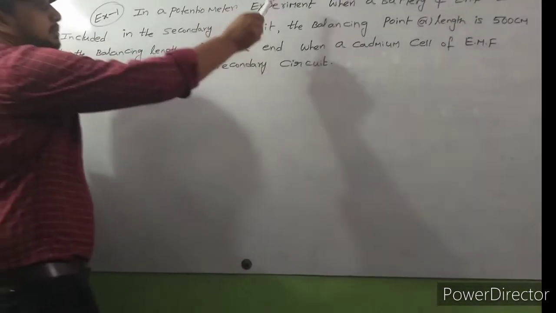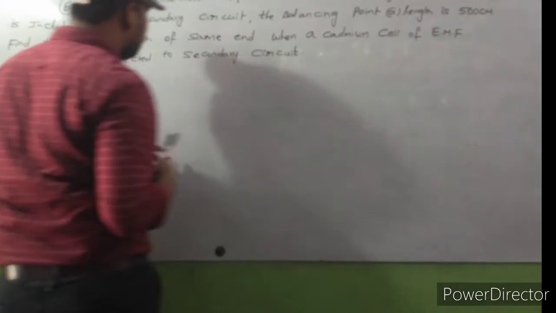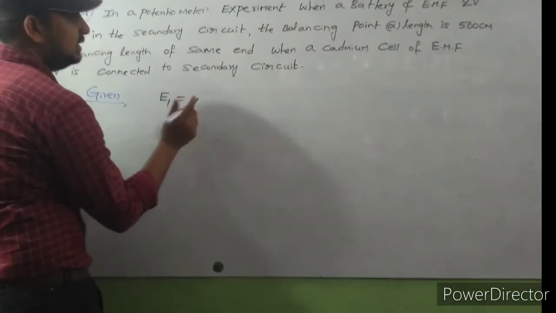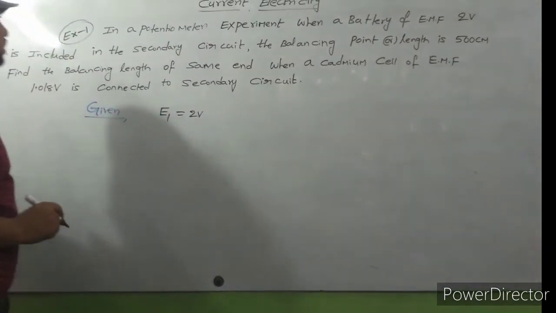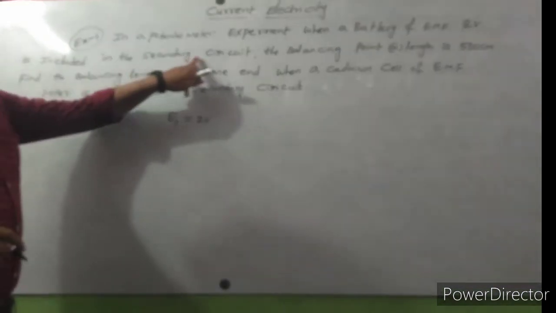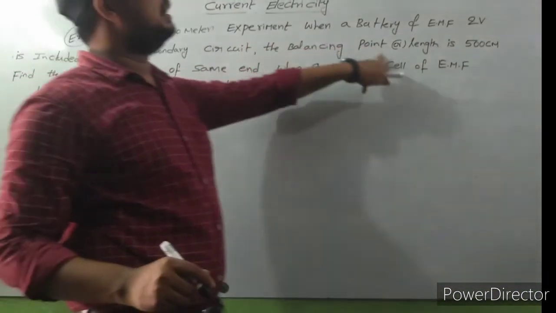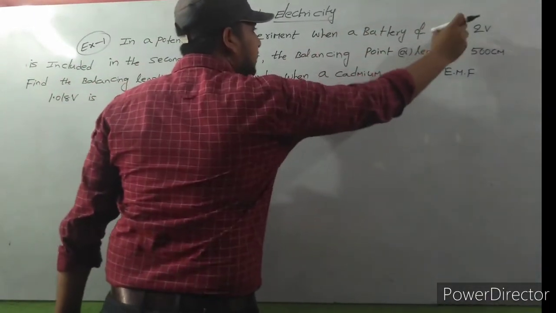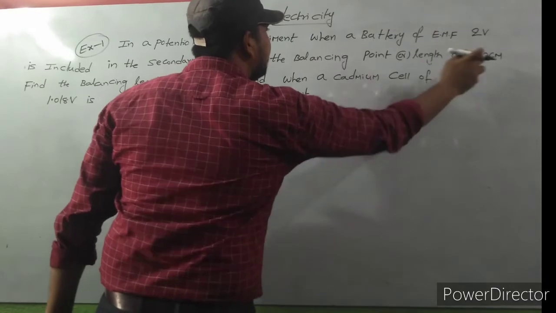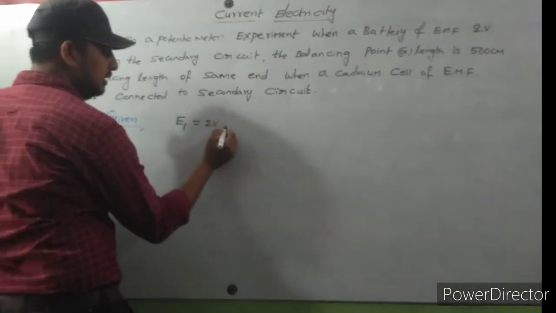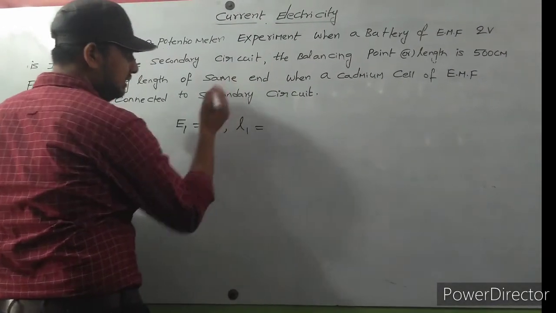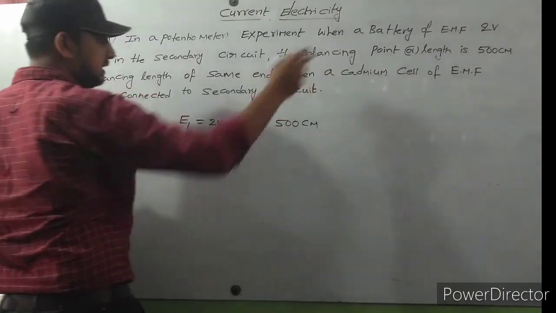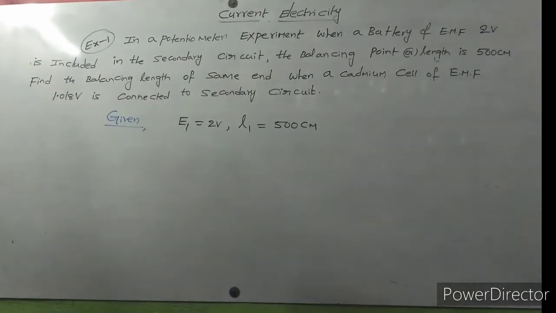That means one cell EMF is given, that is 2 volts, and the balancing length is 500 centimeter. This is E1, and I consider the balancing length of that E1 as L1. That L1 value is given, 500 centimeter.